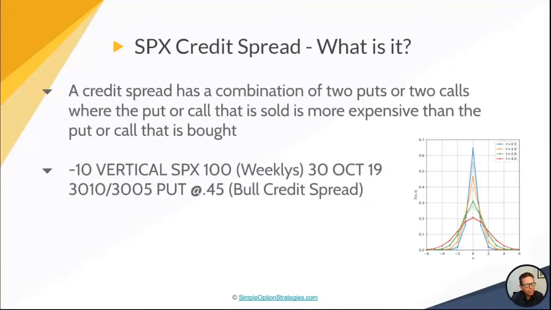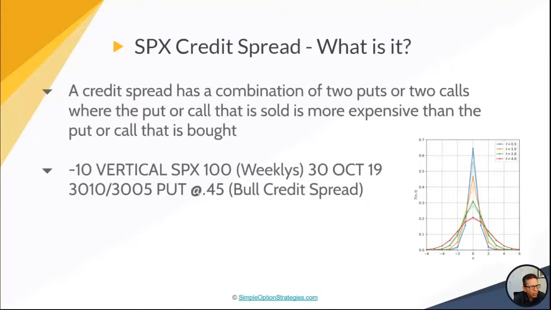In this case, you're selling 10 contracts of the SPX, and the 100 means that every contract is worth 100 shares of the index. It has nothing to do with the 500. 100 is just the numerical value of a contract.